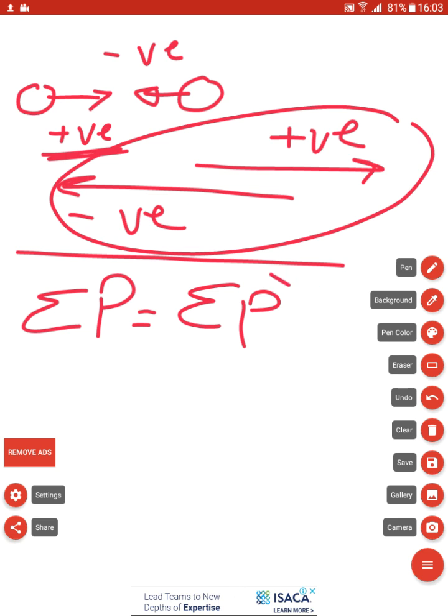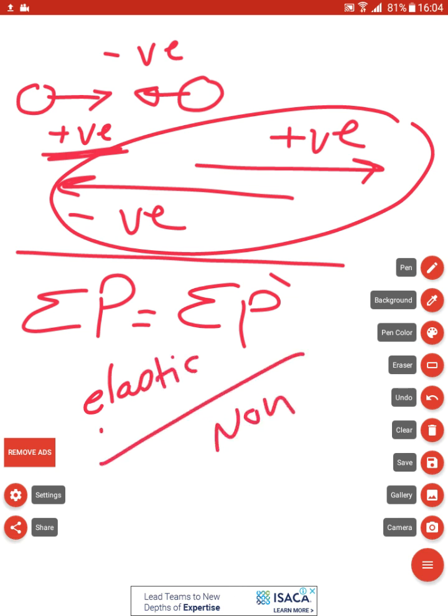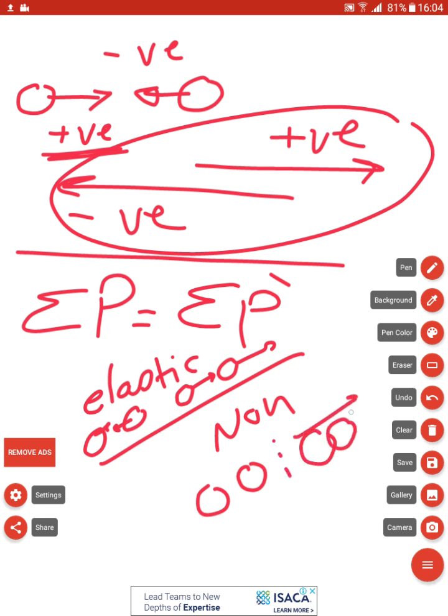Okay, we have many types of collisions. We have elastic collisions and non-elastic collisions. Elastic collisions: the objects hit each other and bounce back and do not stick together. If the objects after collision stick together and move together, this is a non-elastic collision, okay?